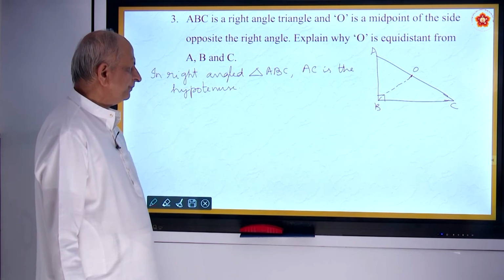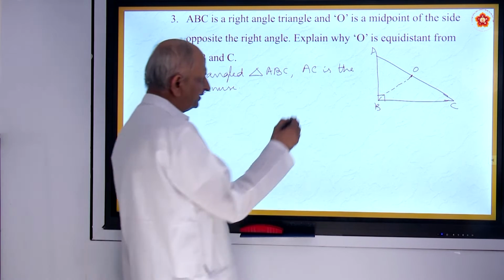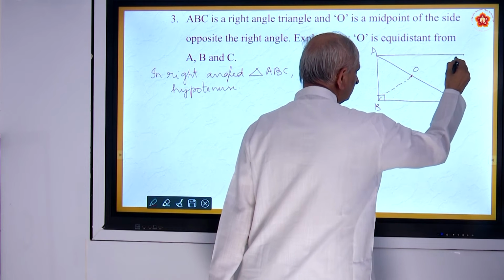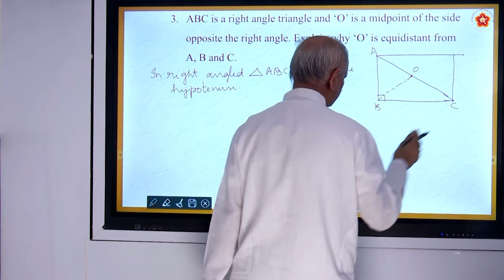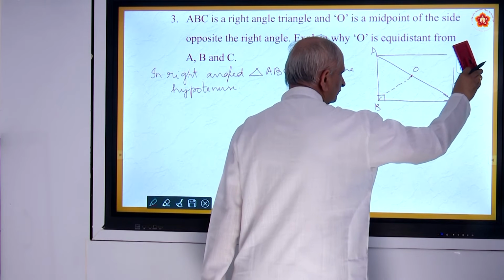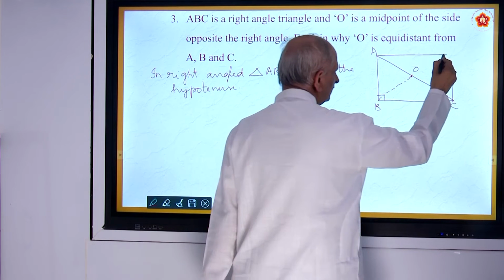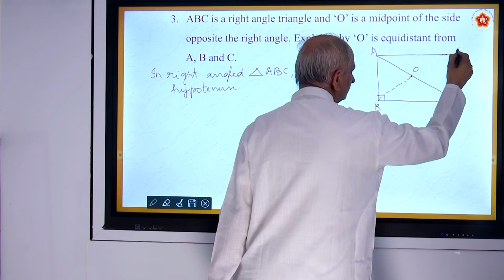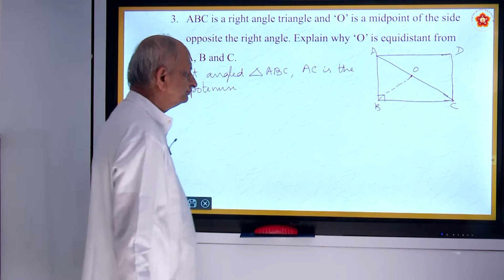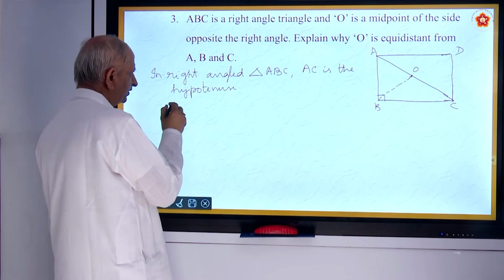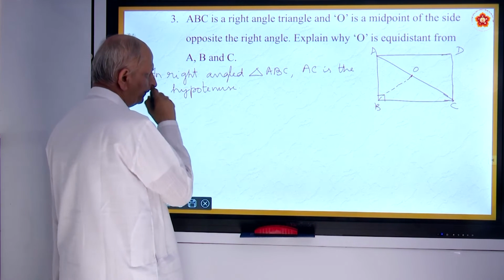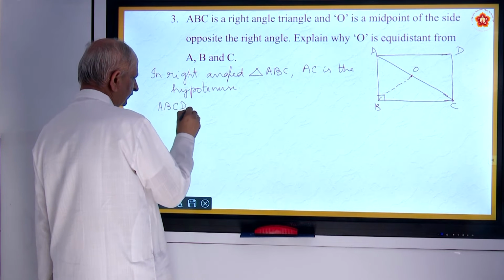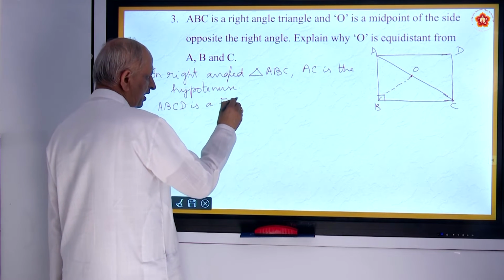And O becomes, say suppose you complete the rectangle here, so this becomes a diagonal. So, in the rectangle, suppose hypotenuse. So, ABCD is a rectangle.